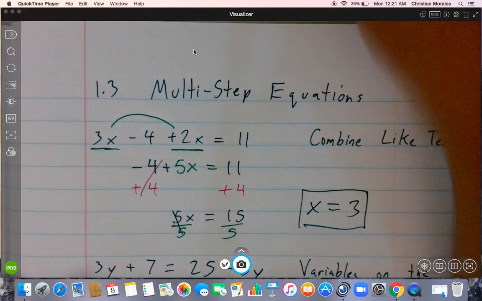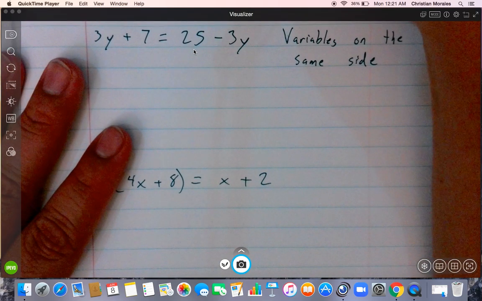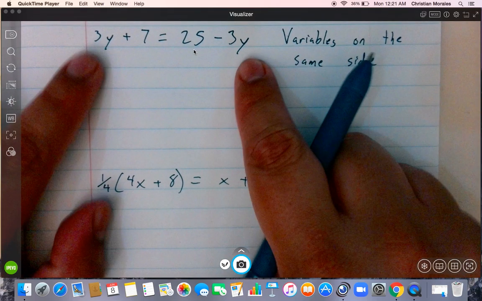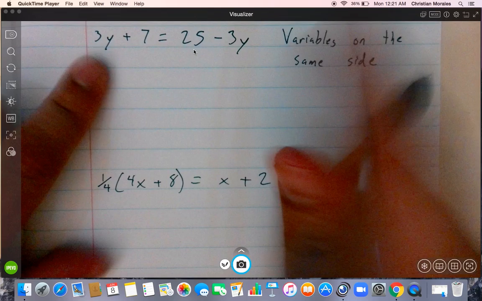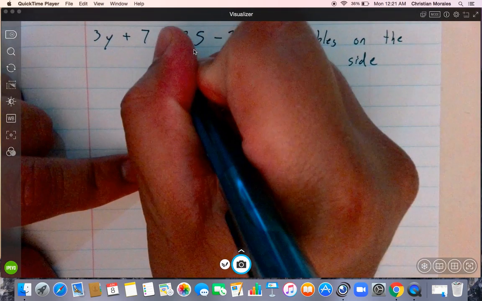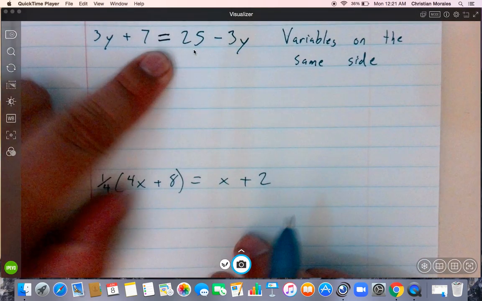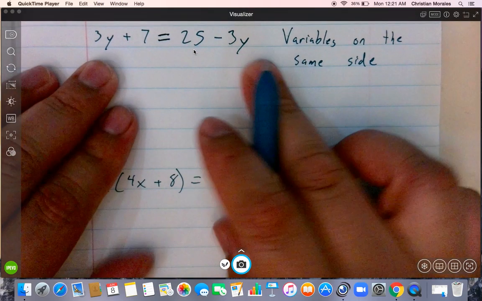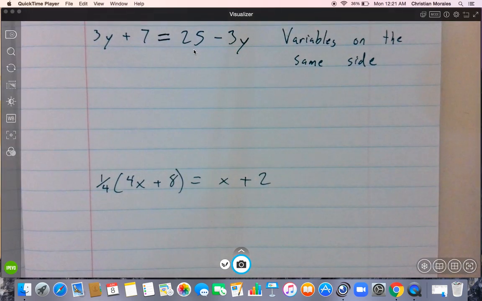Now, sometimes the variables are not on the same side, so you have to put the variables on the same side. Here, your variables are on opposite sides of the equation. And when I say opposite sides, I mean on the opposite side of the equal sign. Okay? So here's what you actually want to do. You want to put your y's together. Now in this case, you can't combine your like terms.